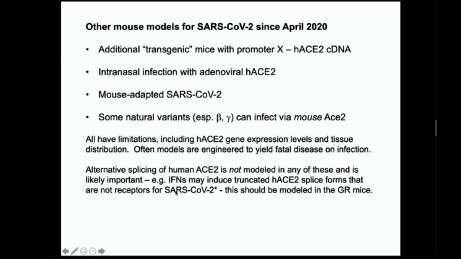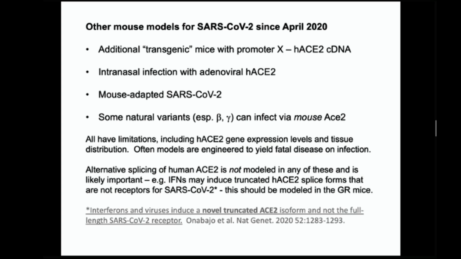For example, it's been reported before that interferon may induce a truncated human ACE2 splice form that is not a receptor for SARS-CoV-2. We want that to be modeled in our animals, and that should be modeled in the gene replacement mice. That's the reference for that one.